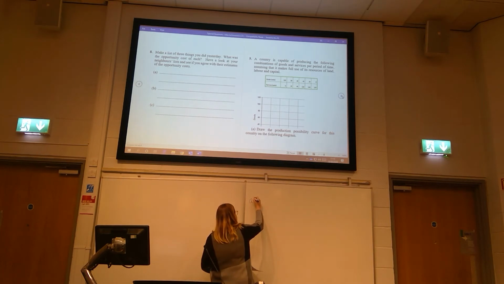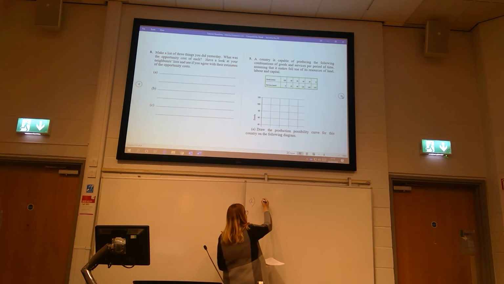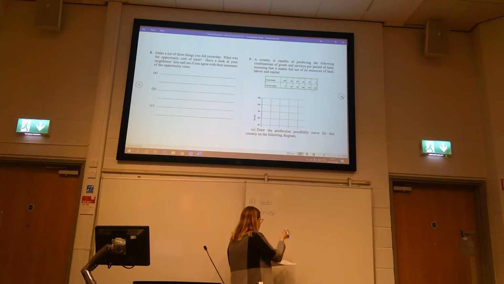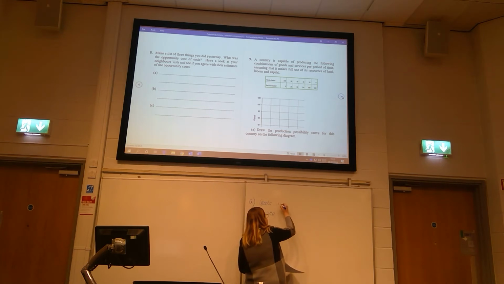So it's under A, we have combinations of goods and services that the economy can produce, and I'm going to just write those here so we have everything in one place.